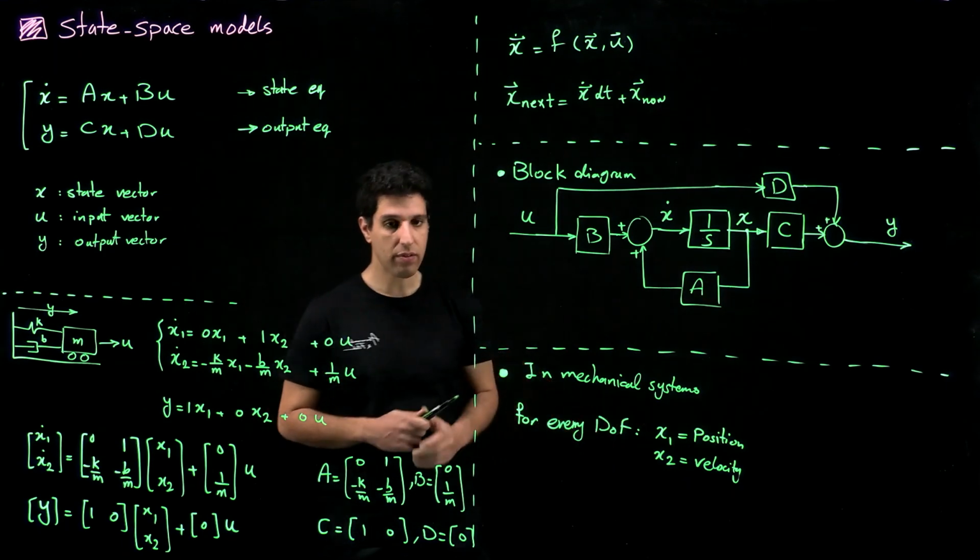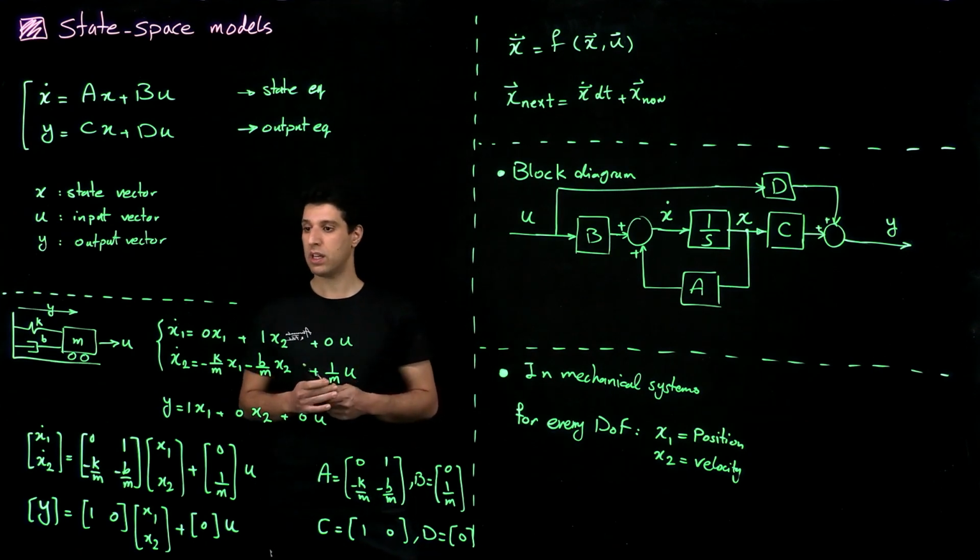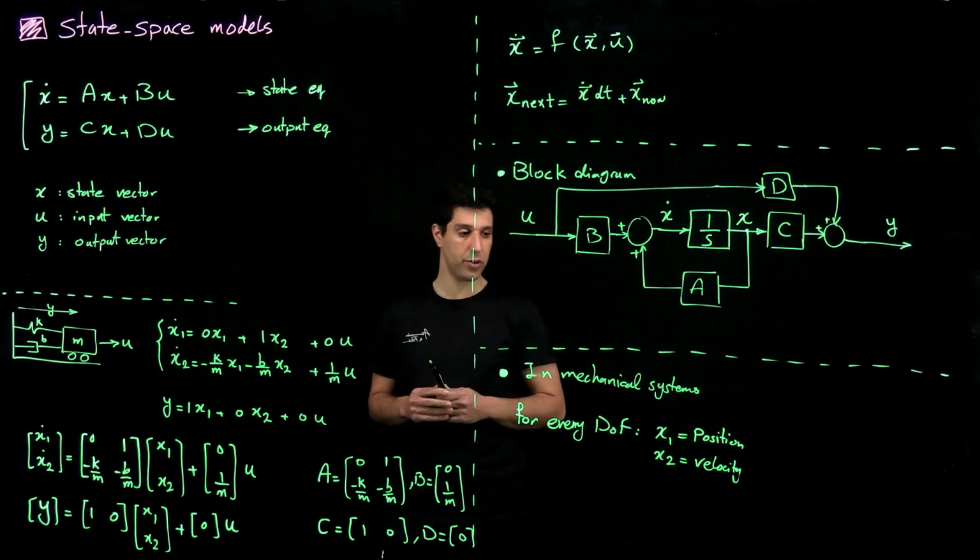But position and velocity are the usually chosen variables as the states for each degree of freedom.